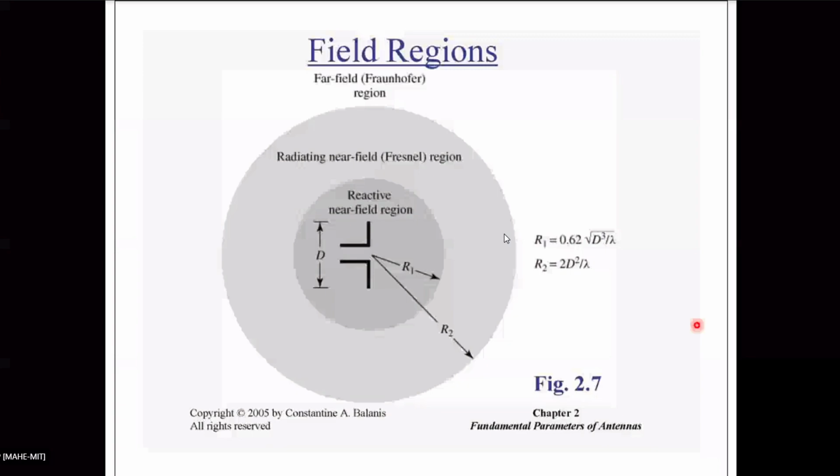So to completely enclose the antenna, we have to vary theta from 0 to pi and phi from 0 to 2 pi. If you want to find the power radiated by the antenna, you take the power density, multiply by the area, and integrate over theta from 0 to pi and phi from 0 to 2 pi.